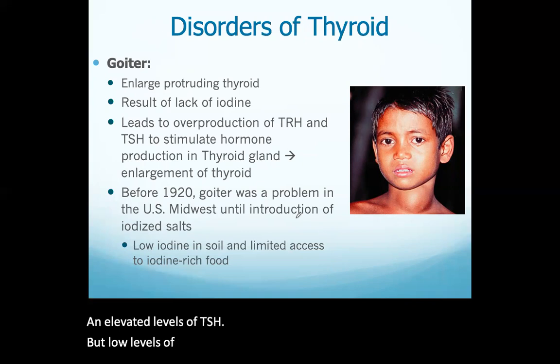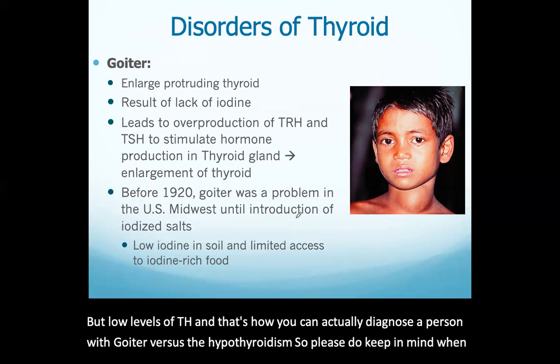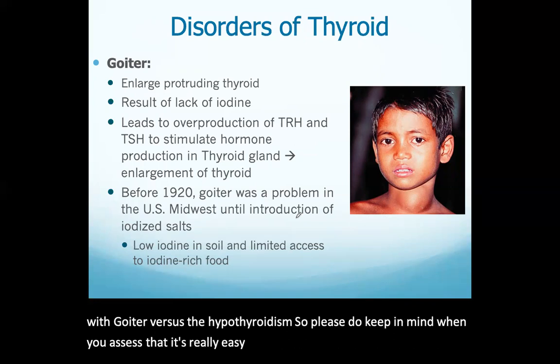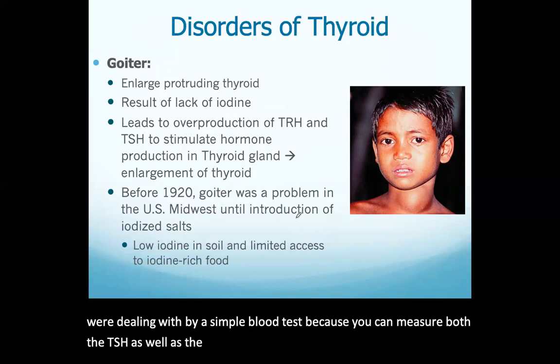And that's how you can diagnose a person with goiter versus hypothyroidism. Please keep in mind that it's really easy to identify which of the two conditions we're dealing with by a simple blood test, because you can measure both the TSH as well as the TH in the bloodstream.